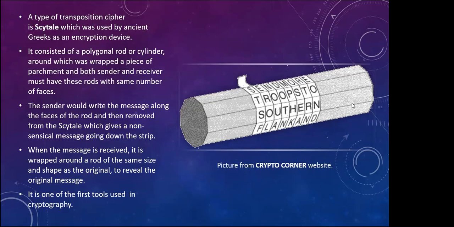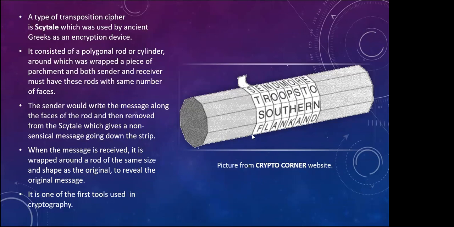So it is a rod with particular decided faces, and there was a strip, as you can see, on which the words of the message are written. If we just look at this strip, it doesn't make any sense, but when we wrap that strip around this rod, we can read the message on each face.